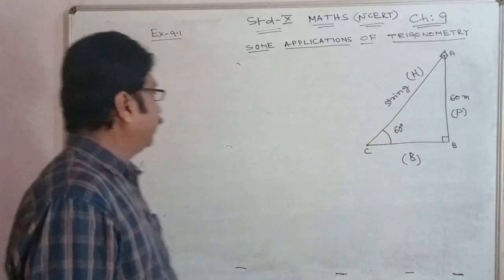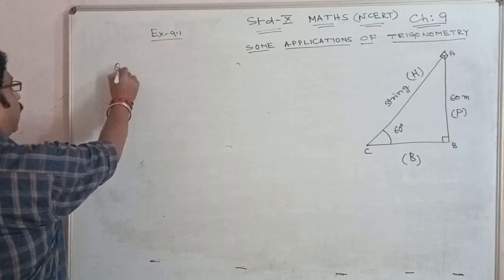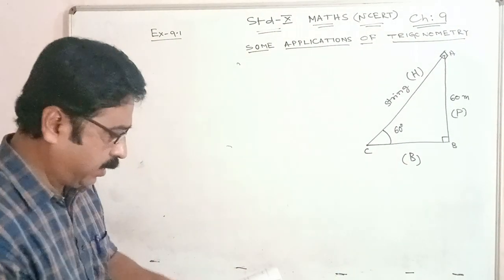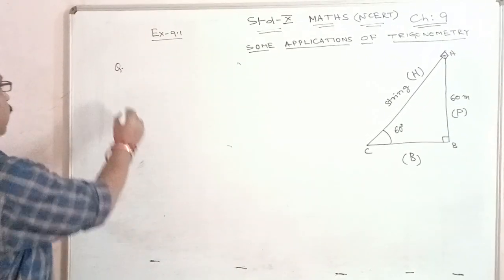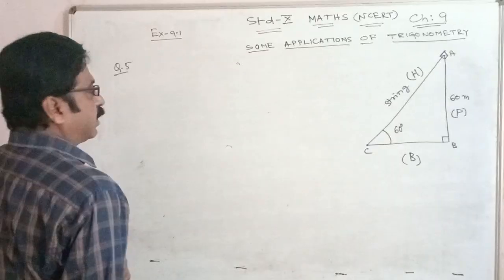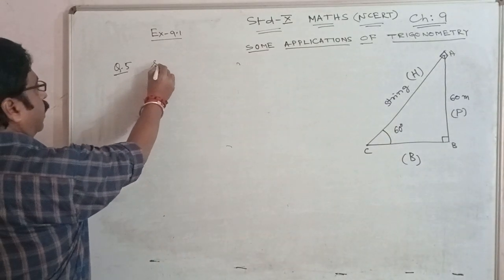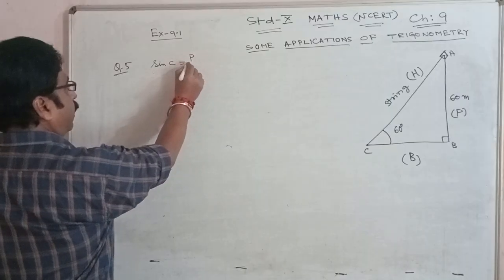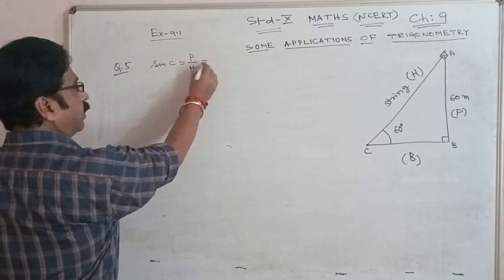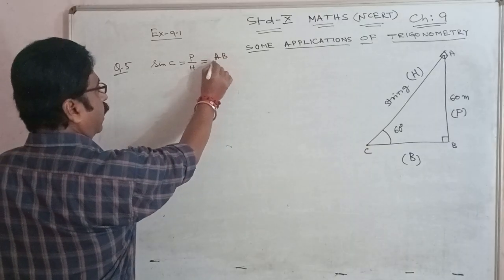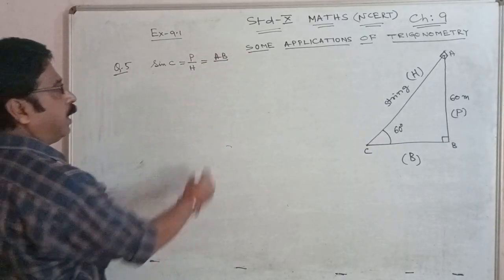Perpendicular and hypotenuse. Sin C is perpendicular upon hypotenuse. Means perpendicular is AB, hypotenuse is AC.